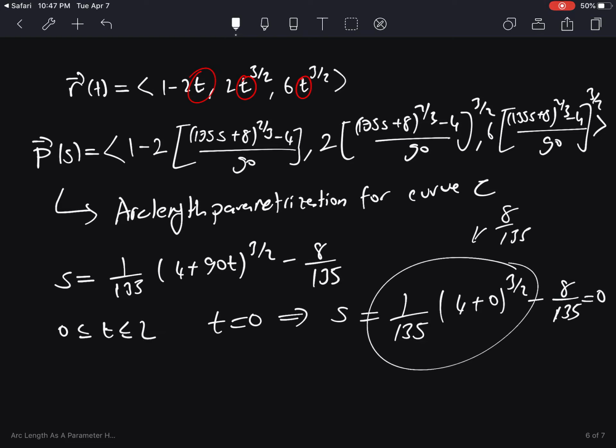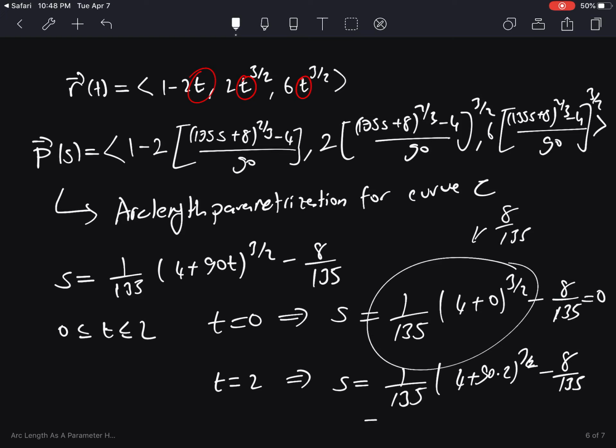But t is changing from 0 to 2. Sorry for that, I wrote 0 on both sides, but t is changing from 0 to 2. So when t is equal to 2, s is equal to 1 over 135 times (4 plus 90 times 2 to the power 3 over 2) minus 8 over 135.